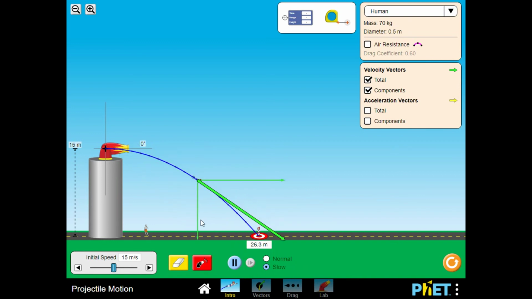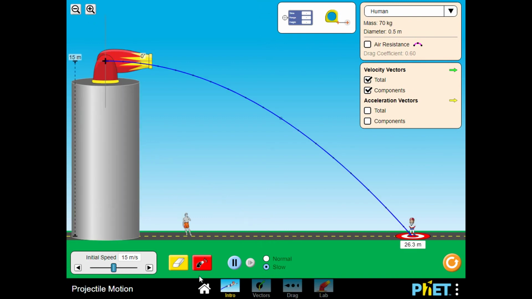Vx is constant and cannot change, but Vy keeps increasing.